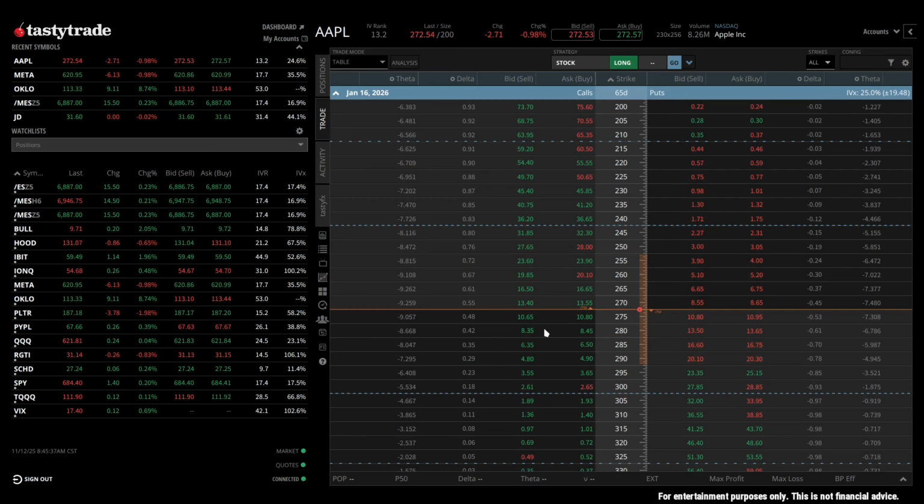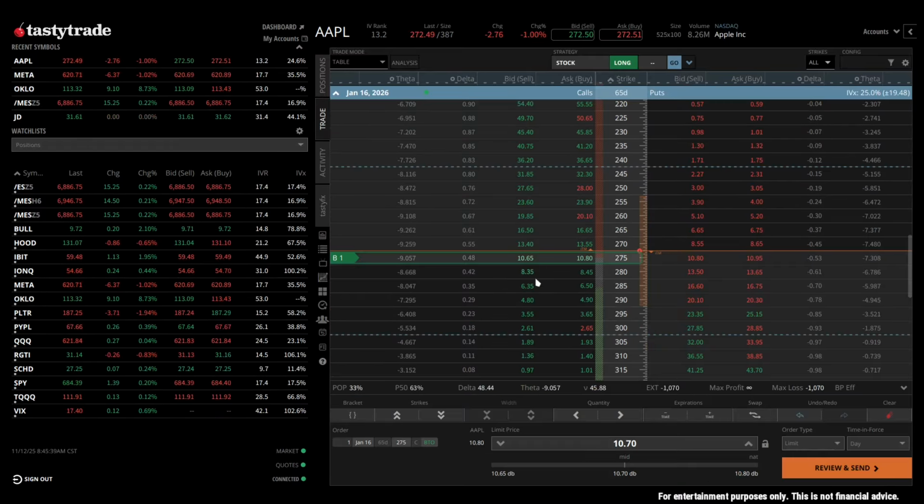Now, an option losing value is really bad if you're long a put or long a call, right? If you're long an option, that's why these are negative values. But if you're short a put or short a call, the option losing value is a good thing. So even though Theta's always negative on the options chain, as far as your P&L, it's a positive when you're short an option.